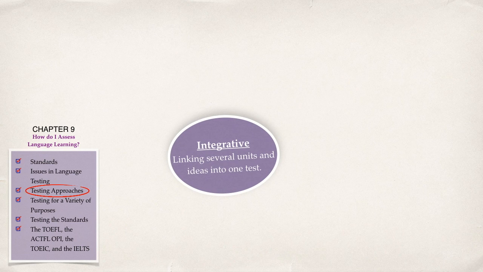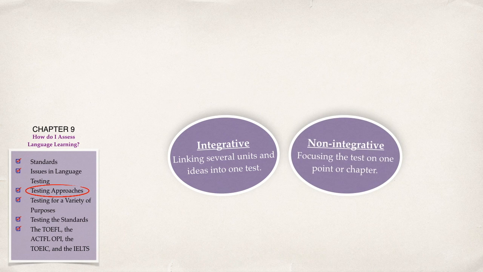We've discussed different thoughts about testing throughout this course, both in these videos and in class. On pages 217 to 219, we see a few more ideas to think about. Are you going to use integrative testing by linking a few units together, or just concentrate on one unit in a non-integrative approach?